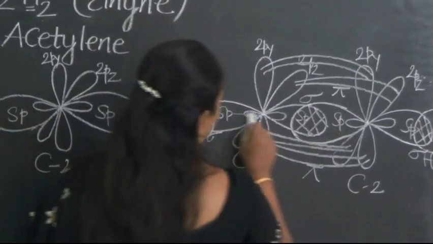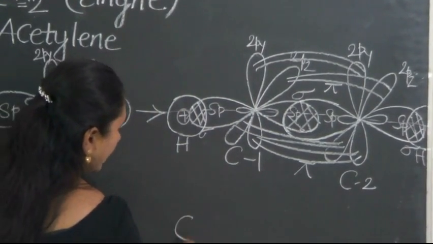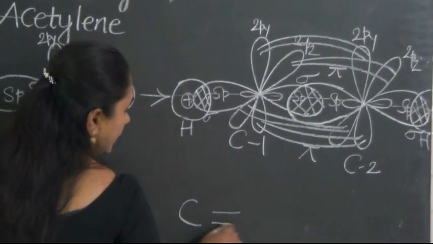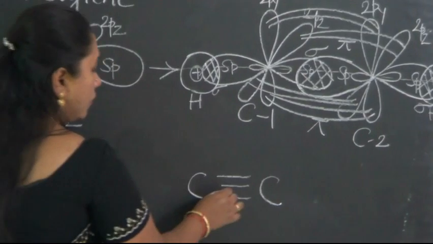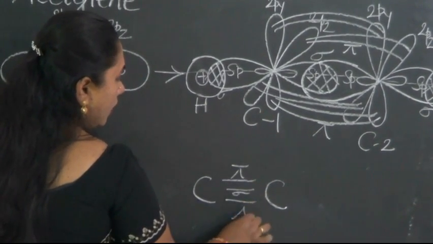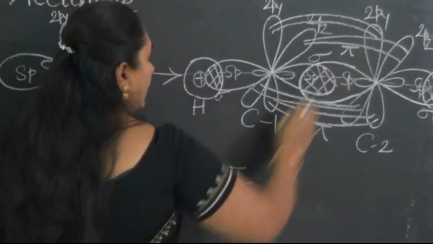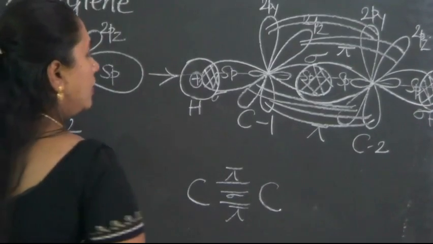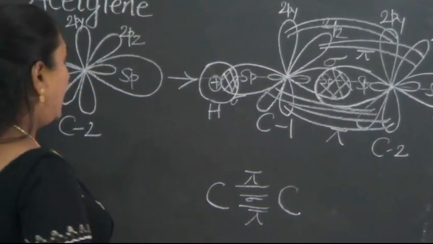So how is the molecule? It's a linear molecule. 1 carbon atom is linked with the other carbon atom by means of 3 covalent bonds, of which 1 is a sigma bond and 2 are pi bonds. How do we have 2 pi bonds here? 2py lateral overlapping, 1 pi bond. 2pz lateral overlapping, 1 pi bond.